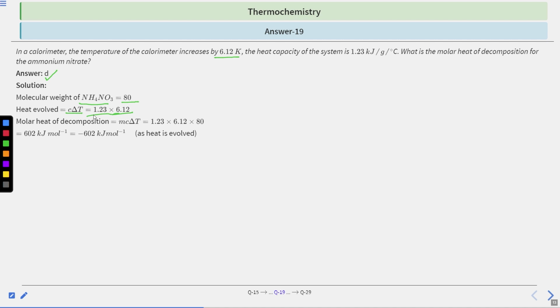So molar heat of decomposition will be m c del T. So 1.23 multiplied by 6.12 into the molecular weight, which is 80. On multiplying, it is coming out as 602 kilojoule per mole. And we have to write it with a negative sign, so it is minus 602 kilojoule per mole. Why? Because heat is evolving, so the molar heat of decomposition should be negative. Hence option D is the correct answer.